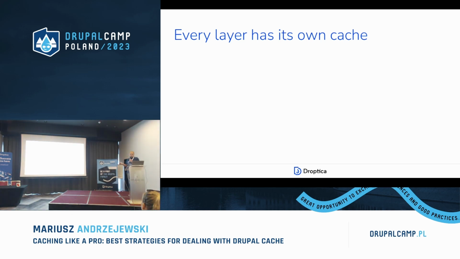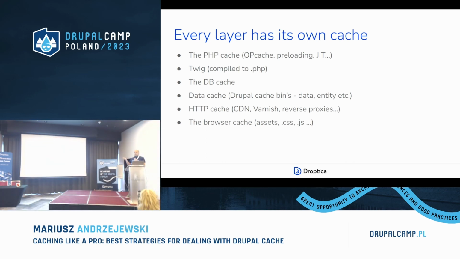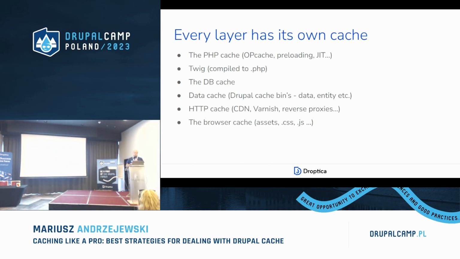If we talk about the cache, it's not like we have only a cache in Drupal. There are tons of layers, starting from PHP. We have some sort of caching on the PHP level, like OPcache, preloading, JIT. The same goes for the template engine.